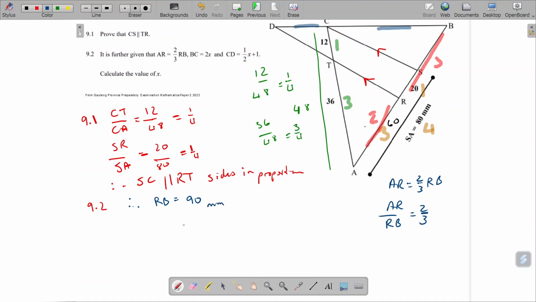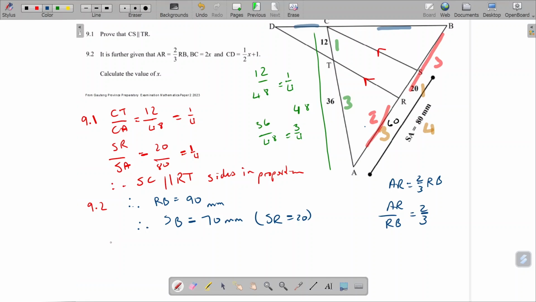As a result, it must follow that SB must be 70 millimeters long, because we know that our SR is 20 given to us. Well, now we have two sides of a triangle cut in proportion. In this case, 20:70, so in the proportion 2:7.